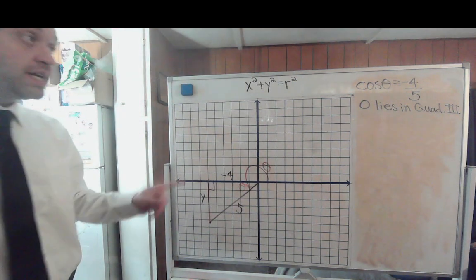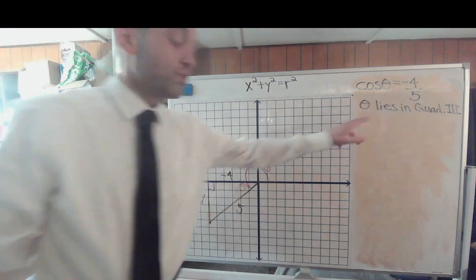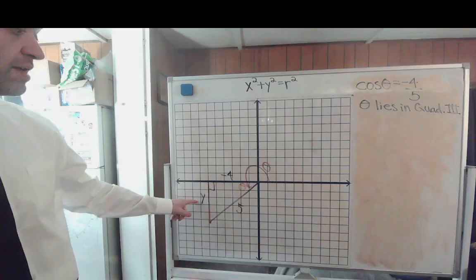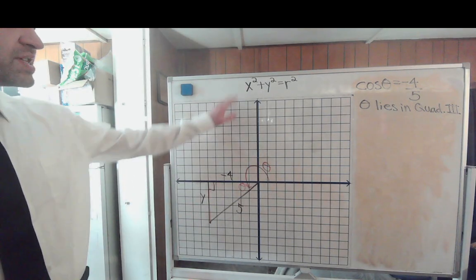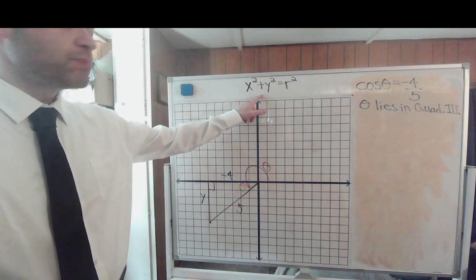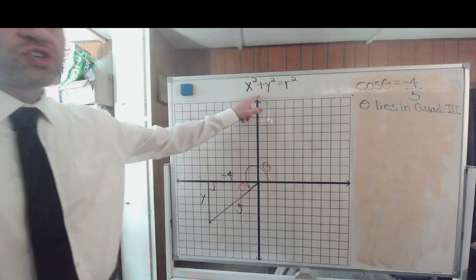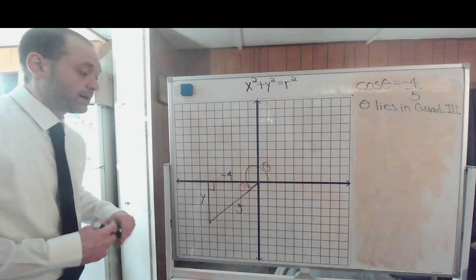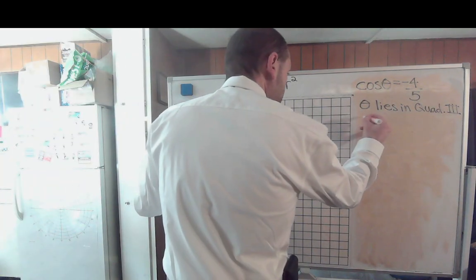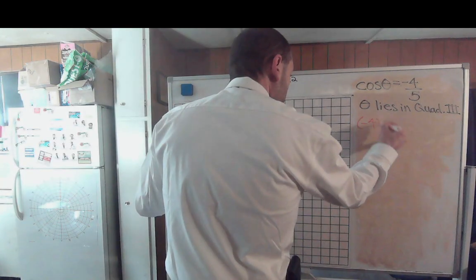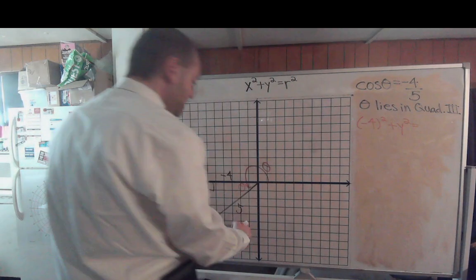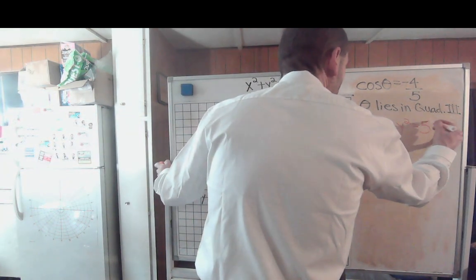But they do tell you that theta lies in quadrant 3. So that means your y is going to have to also be a negative value. So we can use the x squared plus y squared equals r squared formula, solve for y, and we'll have to take the negative square root of whatever we get for y. So negative 4 squared plus y squared equals 5 squared.